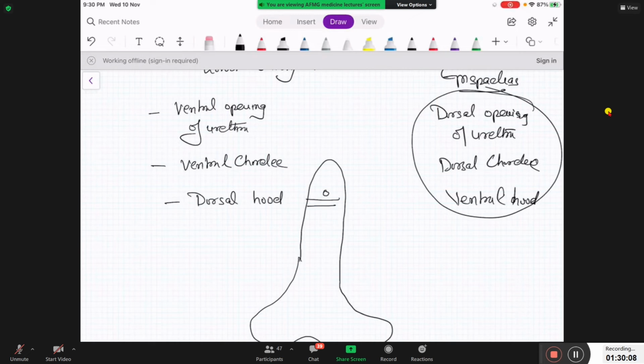Urethra has a different embryological origin. Corpora cavernosa and spongiosa have a different embryological origin. Whenever the penis grows normally, all these structures, though they are from a different embryological origin, they grow in tandem. They grow in tandem because they are attached to each other, so they have a together growth.